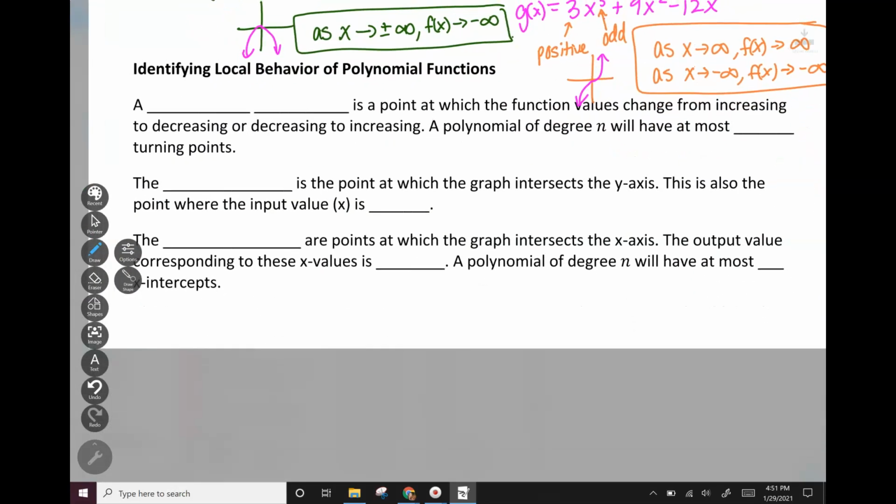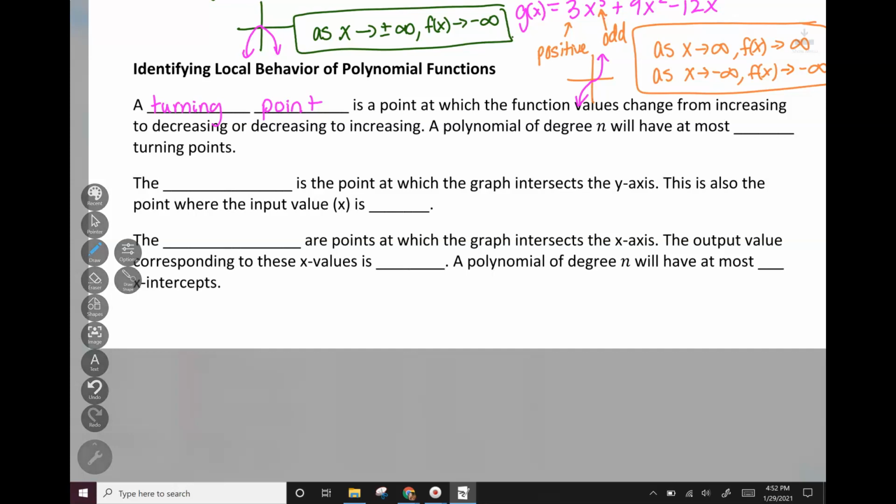Right, identifying local behavior of polynomials. All right, so a turning point of a polynomial is a point at which the function values change from increasing to decreasing or decreasing to increasing.